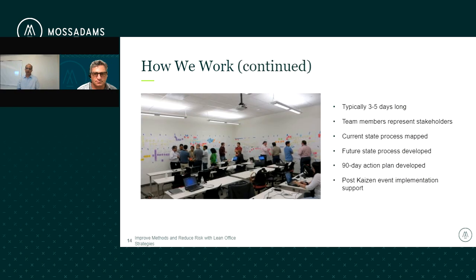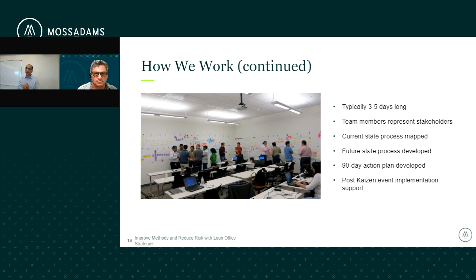So how we work? It's typically 3 to 5 days, depending on the process and the scope. Team members, the people who work the process, are the ones making these decisions and changes. As you can see through these pictures, we map the current process first. That is typically Monday.